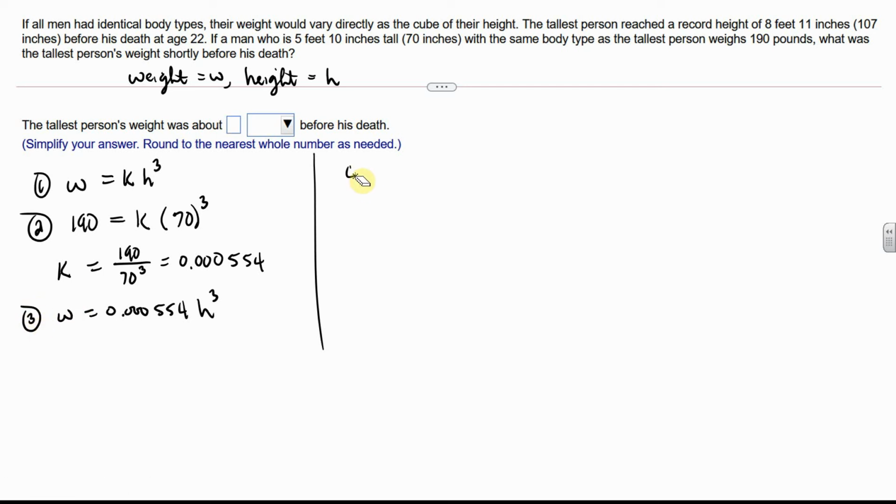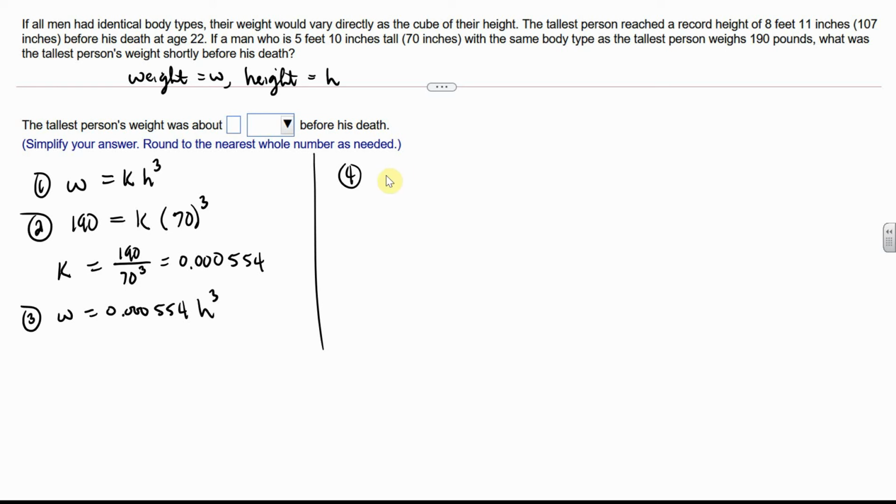So now, step number 4. We want to solve something, but what? It says at the end of the sentence, what was the tallest person's weight shortly before his death? They give us his height.